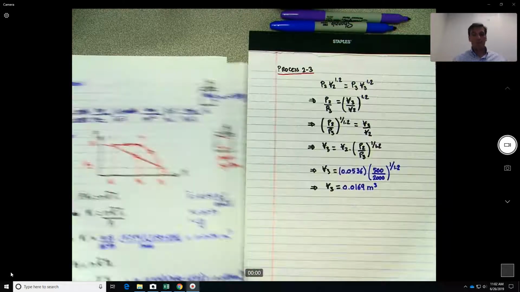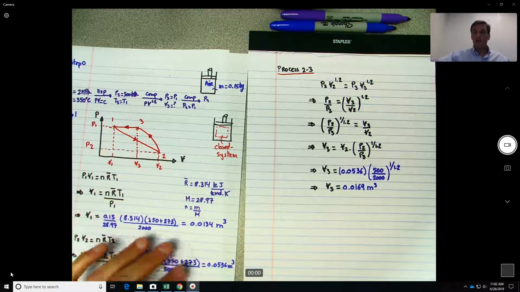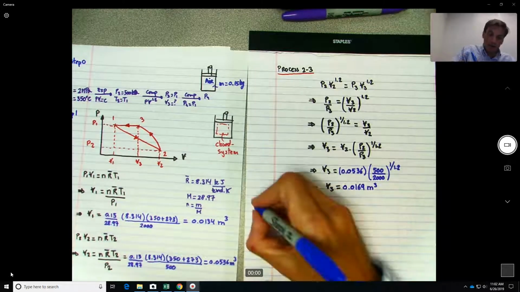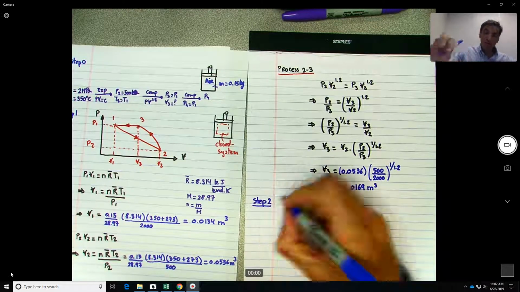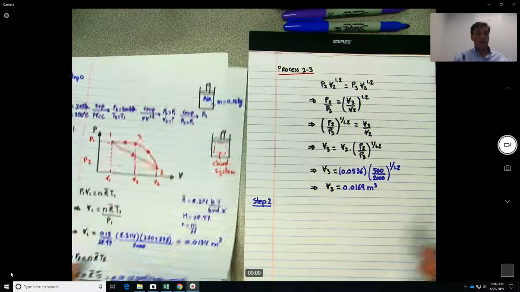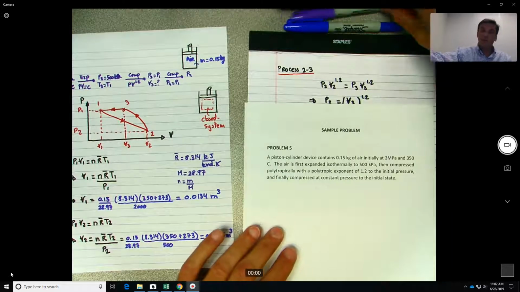Alright, so I think we have all the information we need to solve the problem. If not, we can always add some calculations. So now step 2 basically will be to see what is the value of the work. Every time we need to calculate the work, we need to decide about the convention we're going to be using.